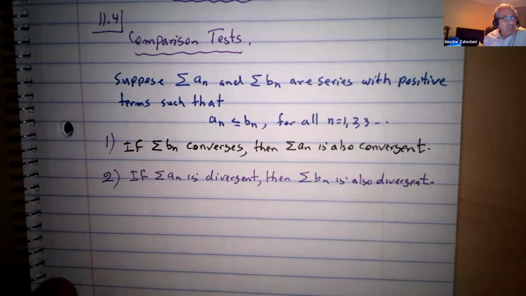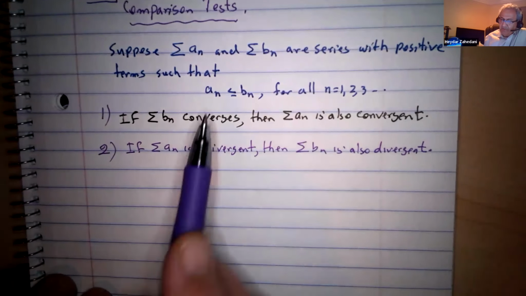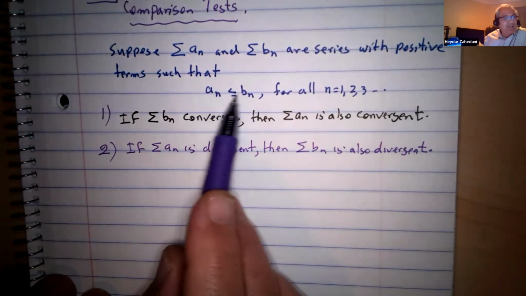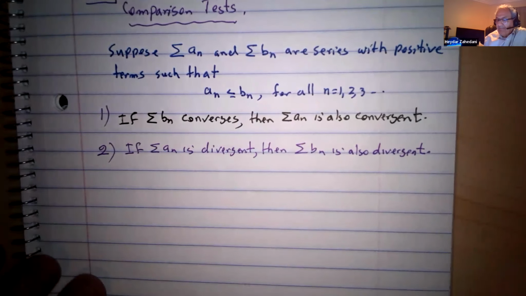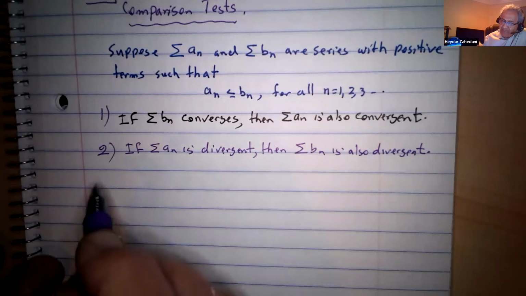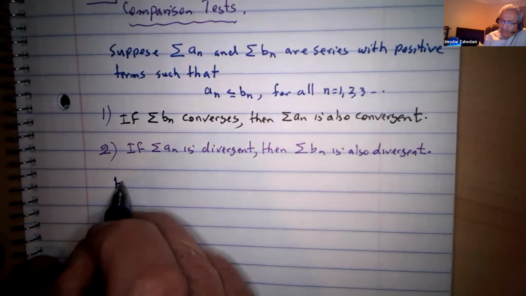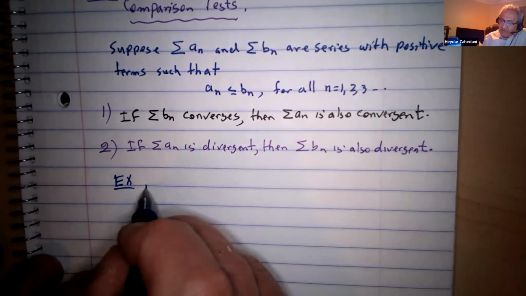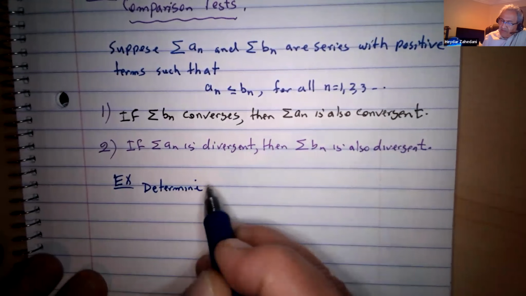Let's see how we are going to use it, or when you realize that you have to use the comparison test. You check to see if the series an is similar to the ones that you know, the P series or geometric series. Example: we want to determine whether the series converges or diverges.